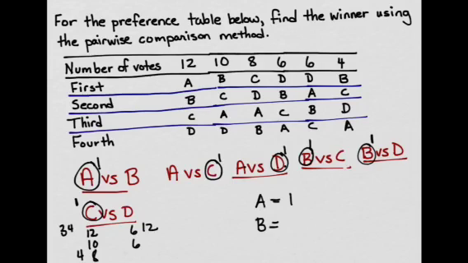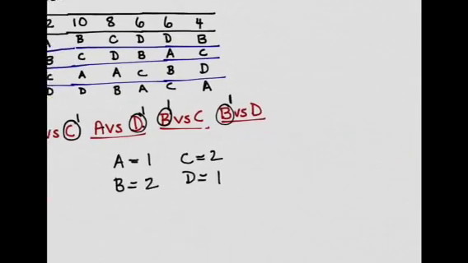B has how many points? 1, 2. All right. C has 1, 2 votes. And D has 1 vote. Okay. So what this means is that B and C are tied for first place.